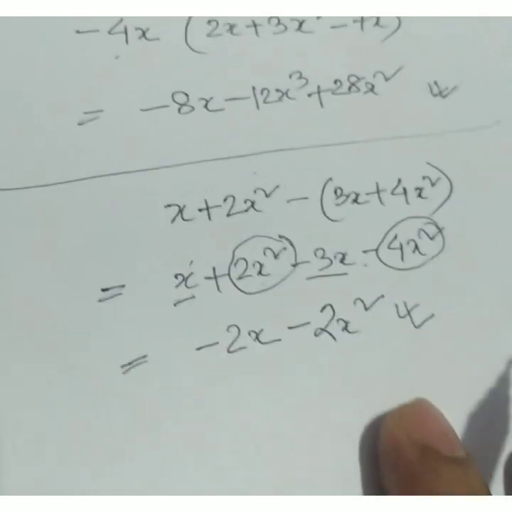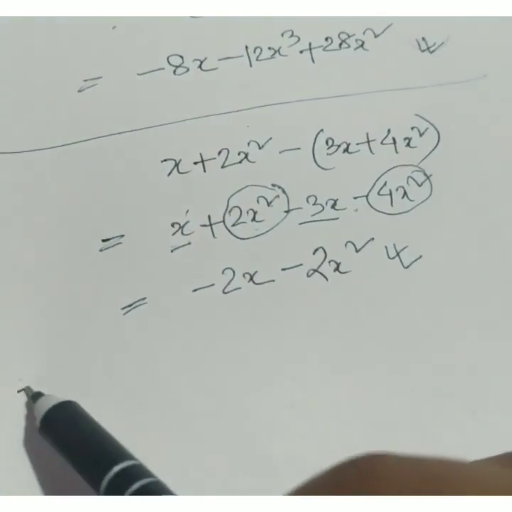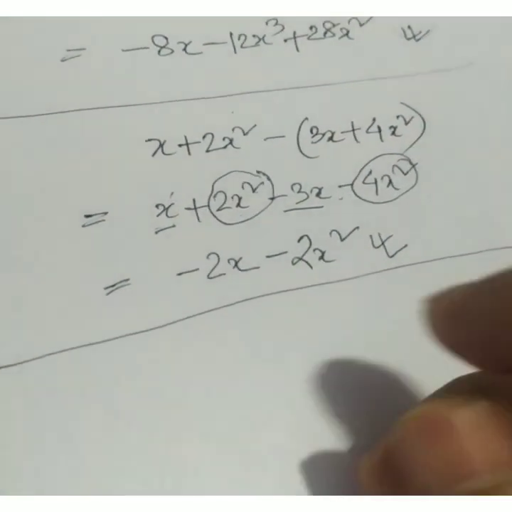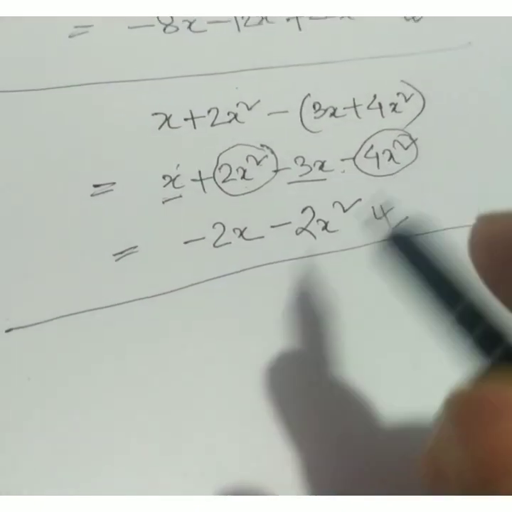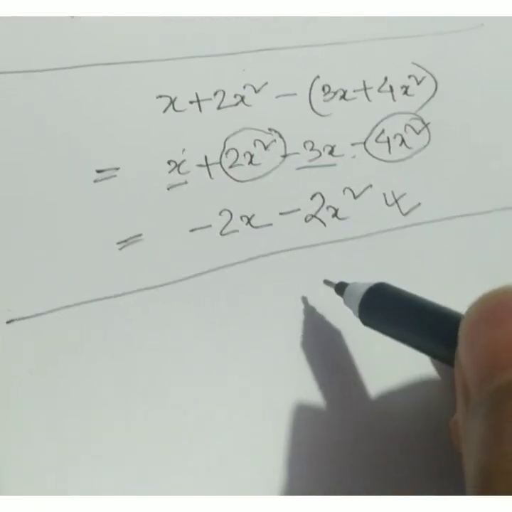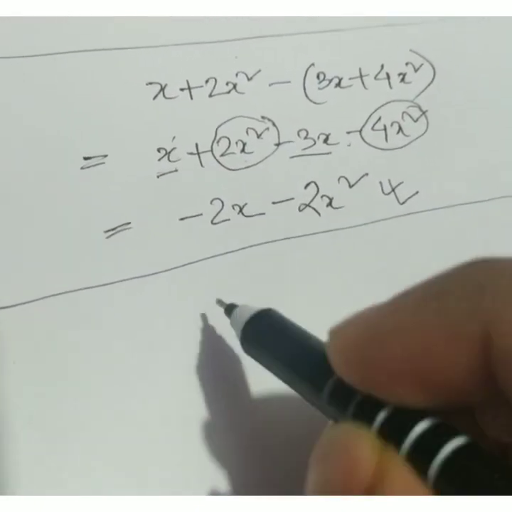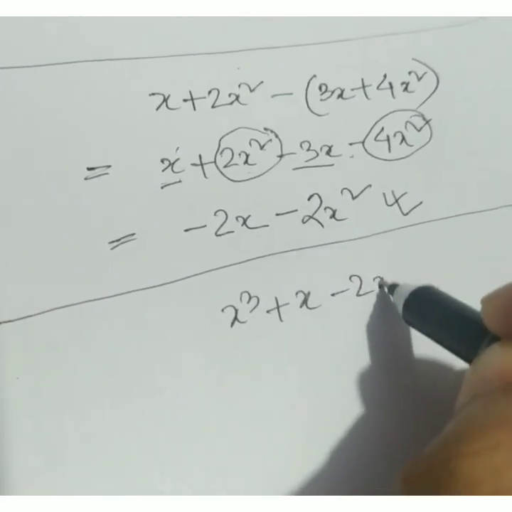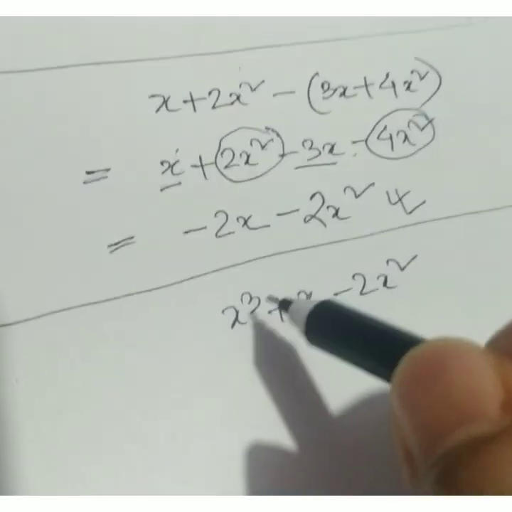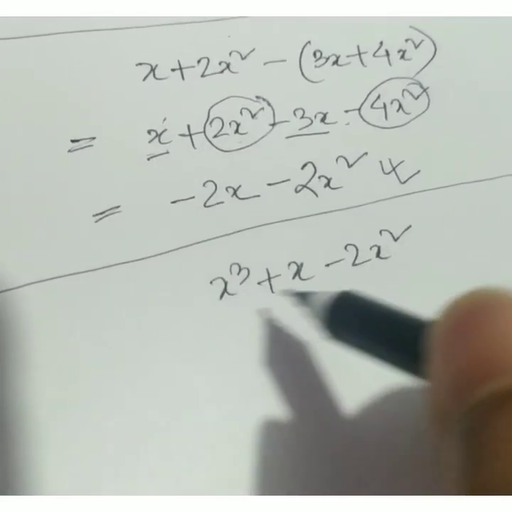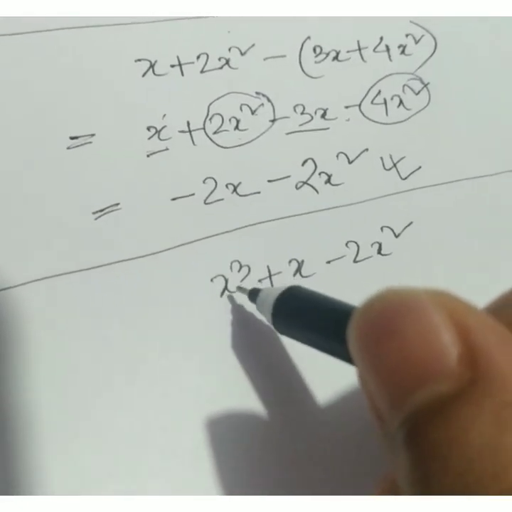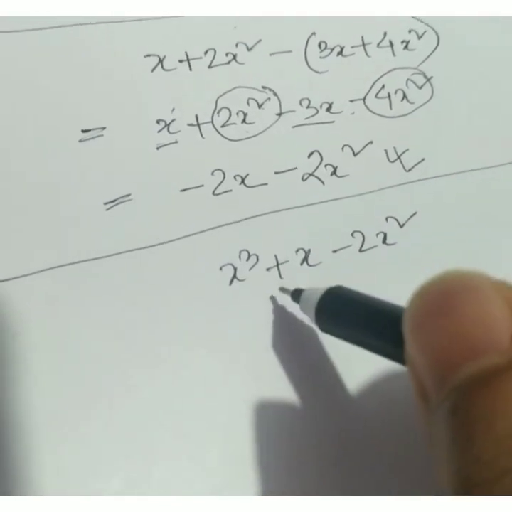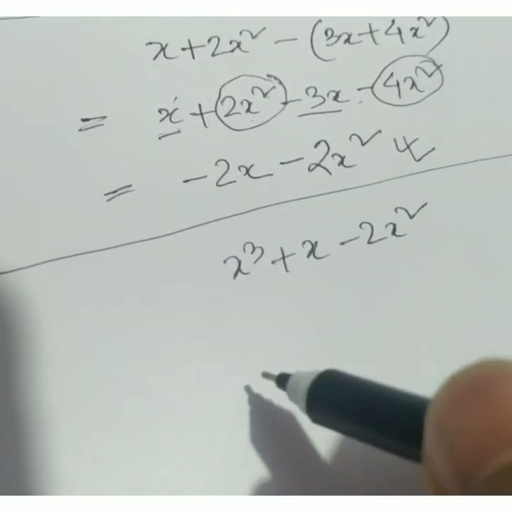Another rule I need to add before we move on to division: whenever I have an algebraic expression or a polynomial, let's say x cube plus x minus 2x square, we always need to arrange the expression in descending power of x.